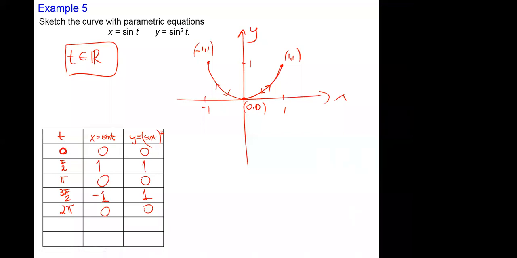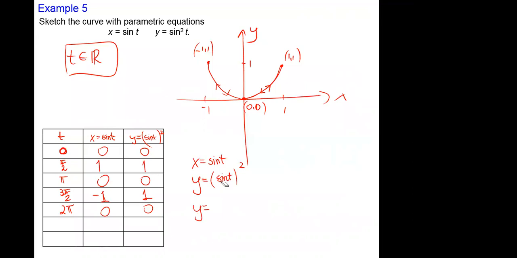Do you think we can try to eliminate the parameter and look at the equation without t? We have sine of t as x, and y is defined as sine of t squared. What can I put instead of sine of t?